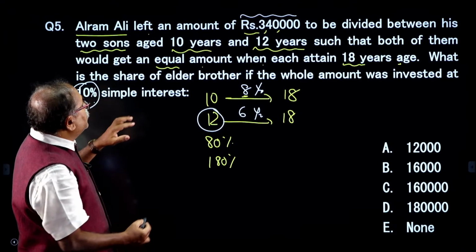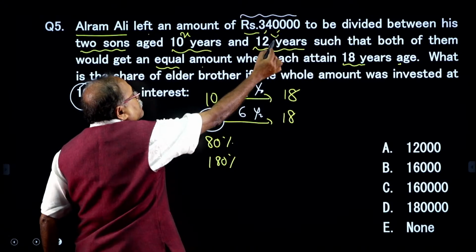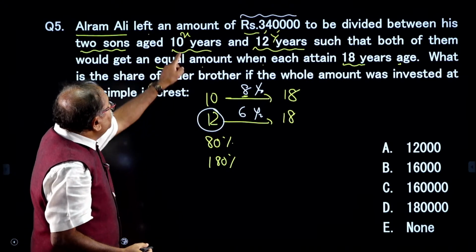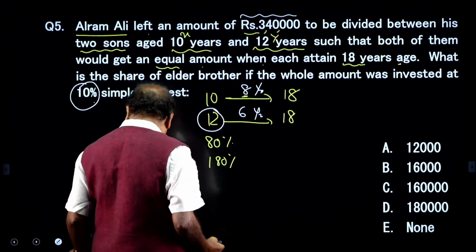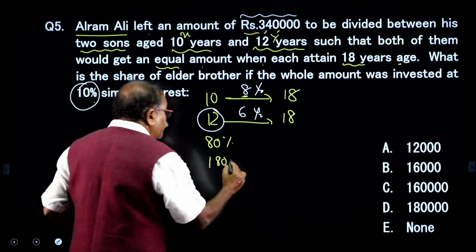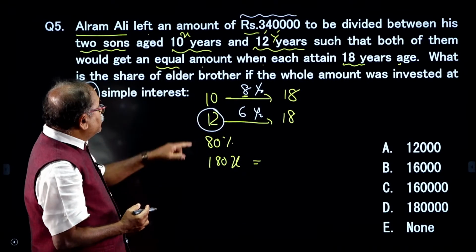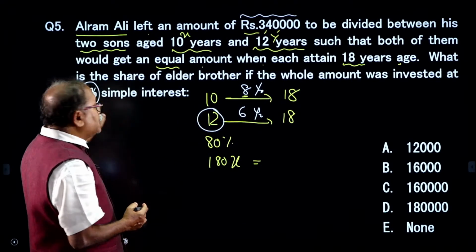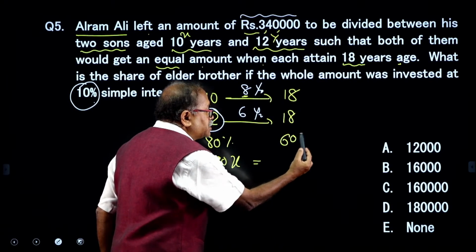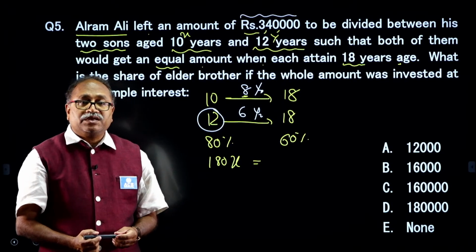Let us assume that the younger one is x and the elder one is y. 180% of x is equal to, for 6 years at the rate of 10% per annum, the interest is 10 into 6, 60%, the amount will be 160%.